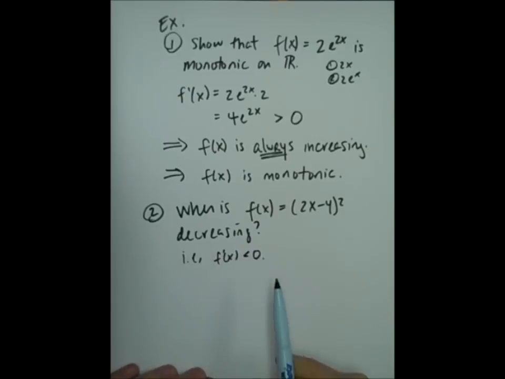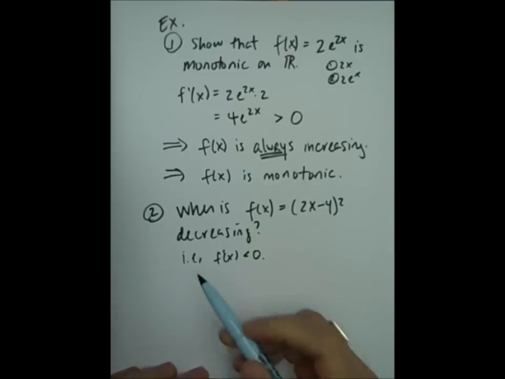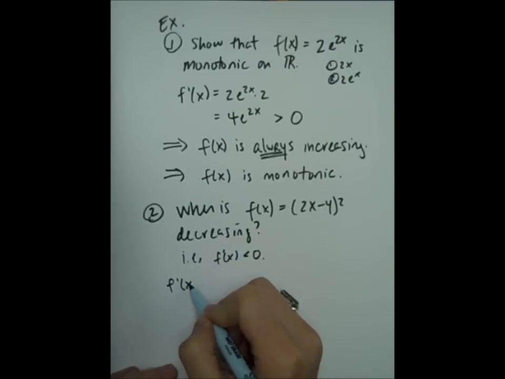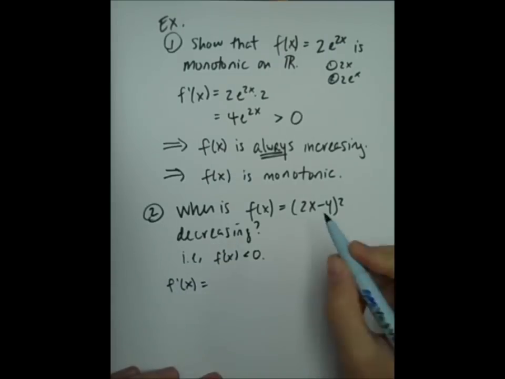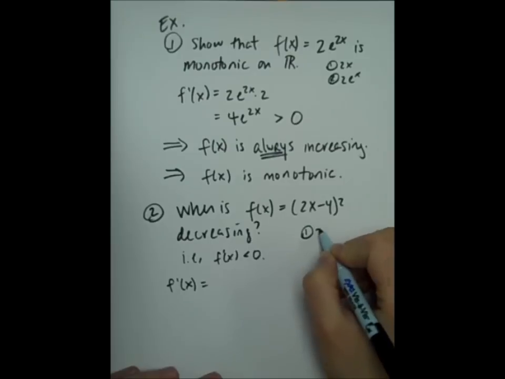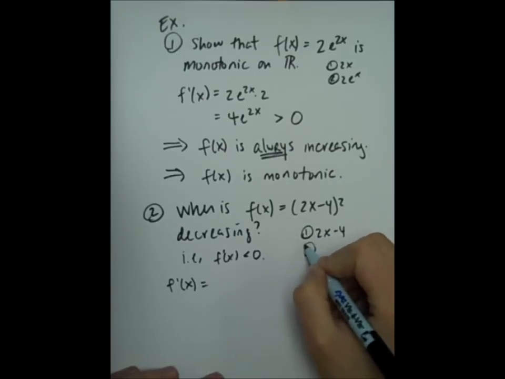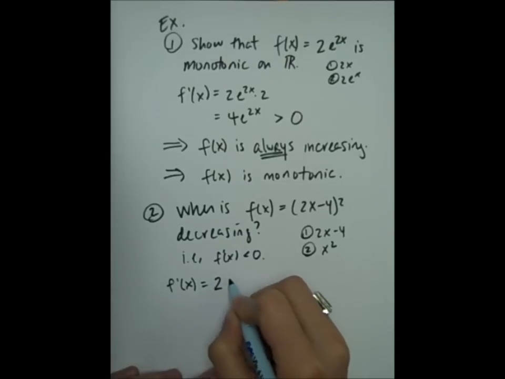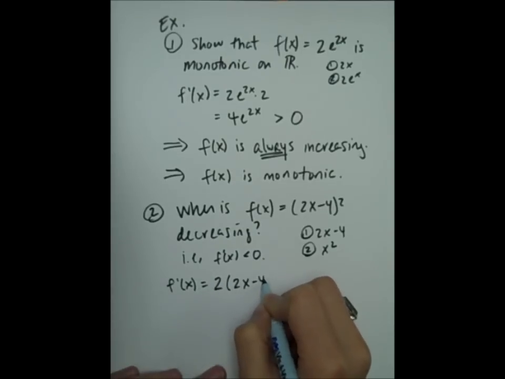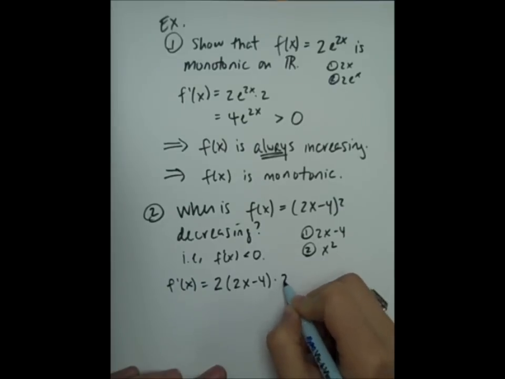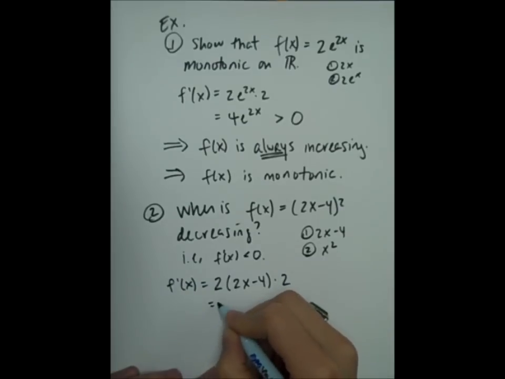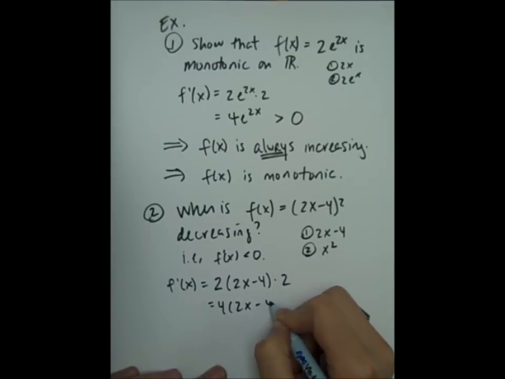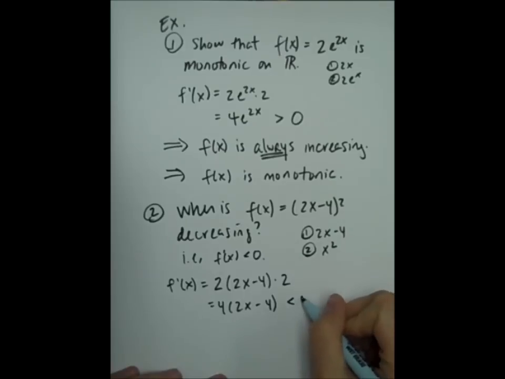That's the question we're asking: when is the derivative negative? That's the same thing as saying the original function is decreasing. Well, let's find the derivative. This is a chain, so I have 2x minus 4, then squared. So my derivative is 2 times 2x minus 4 times 2, so 4 times 2x minus 4. I want to know when that is less than 0.